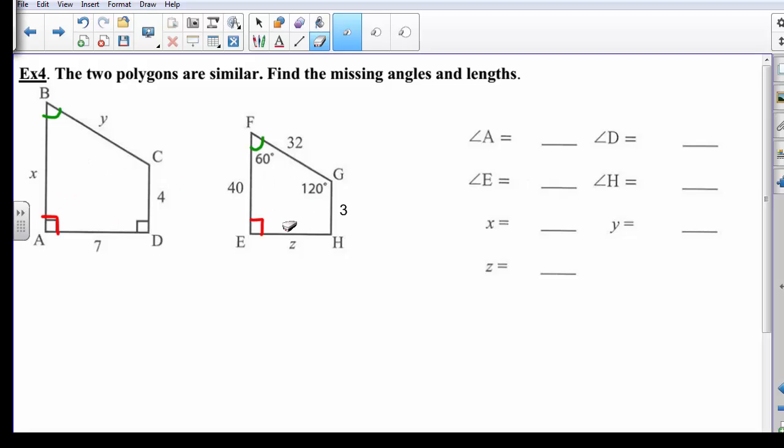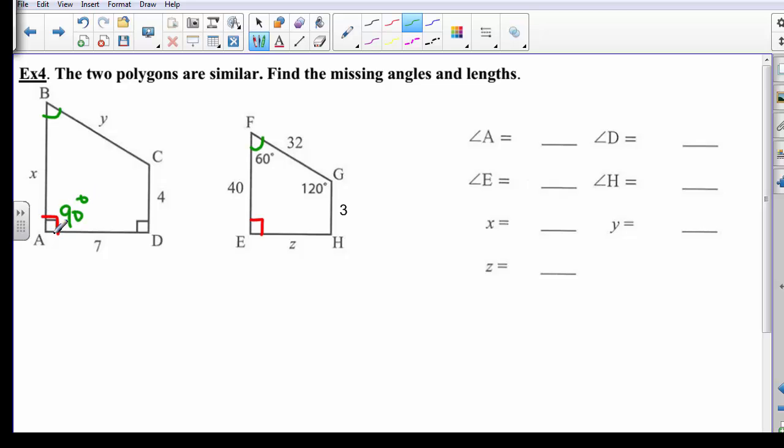Since these two polygons are similar, the corresponding angles must be equal in these two polygons, and their corresponding sides must be proportional as well. Let's look at the orientation of these two similar polygons. Angle A must be equal to angle E. Angle A is a 90-degree angle.